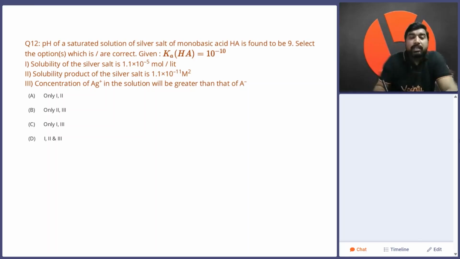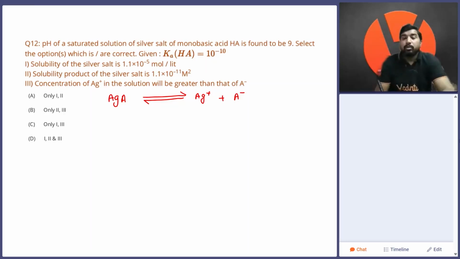We know that there is a salt formed from silver and a monobasic acid. That should be AgA, the salt of silver and the monobasic acid, which gives Ag plus and A minus.